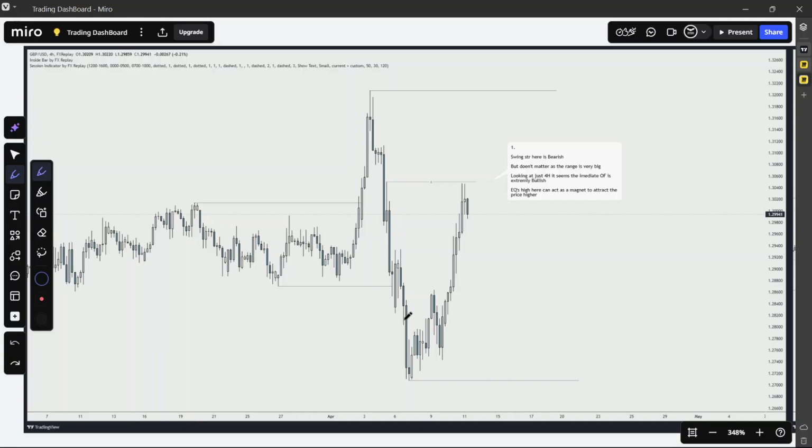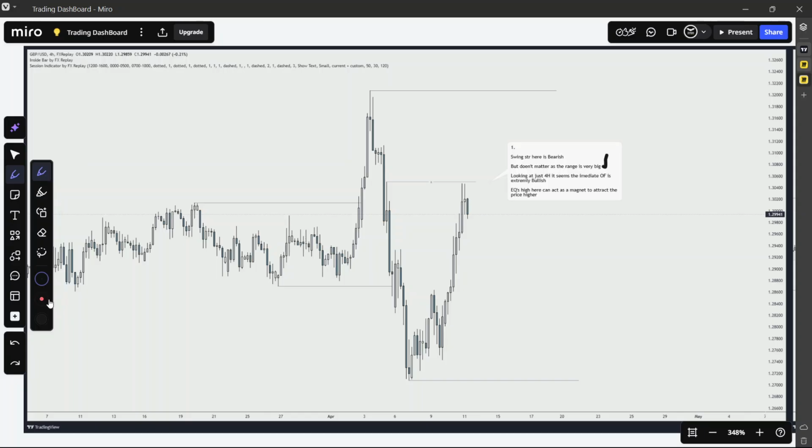Whenever a staged projection is there, we eventually have that kind of pullback. So that was my thought on writing this. Looking at just forex, it seems immediate order flow is extremely bullish. We do not have any doubt about this, and it's quite clear to you all. We have a very strong leg.